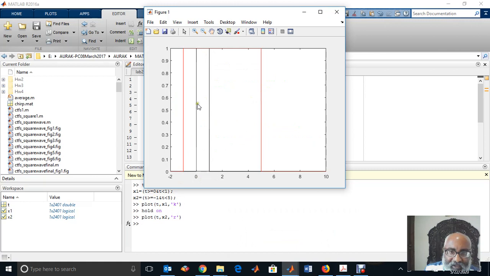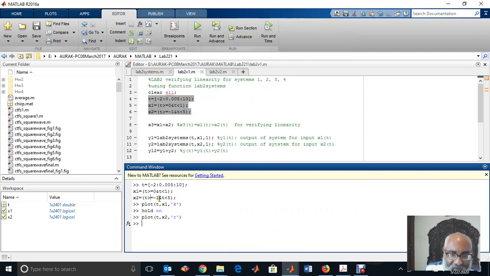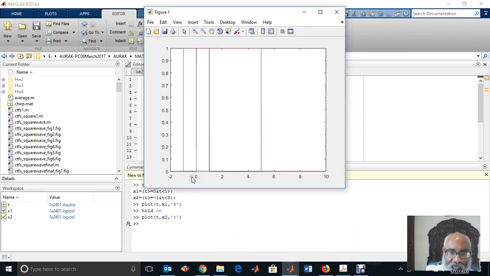Otherwise it is completely 0 for the rest of the time. And x2 will be 1 between -1 and 5 and 0 otherwise. The red color is x2, between -1 and 5. Otherwise it will be 0.